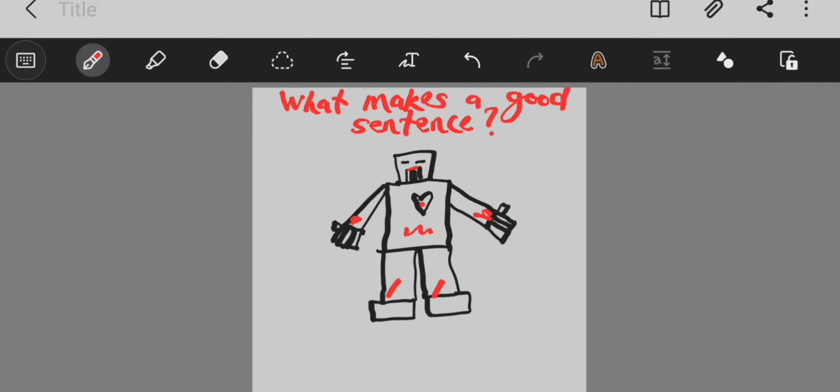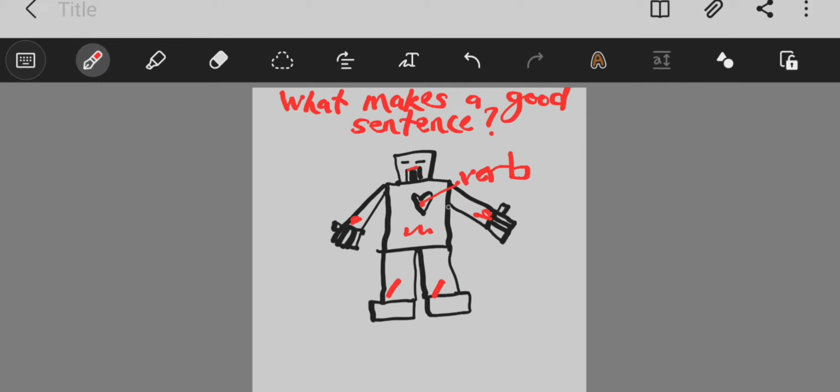Now I want you to focus. Imagine a sentence is your robot, and in order for you to create a good robot to walk and to be able to move, this robot needs to have arms, legs, and head, like I explained earlier. So imagine each of these parts as a part in a sentence. For example, a simple sentence can actually start with only a verb.